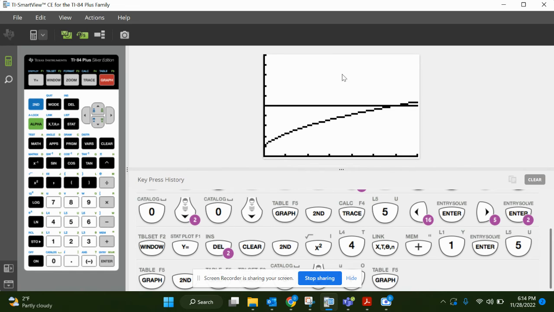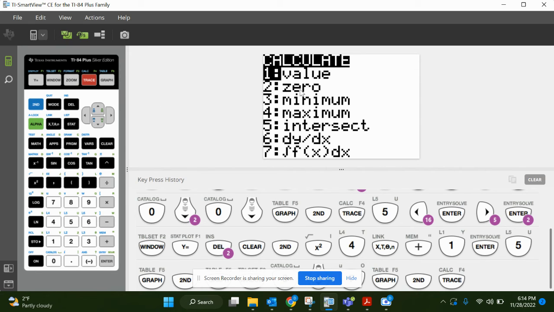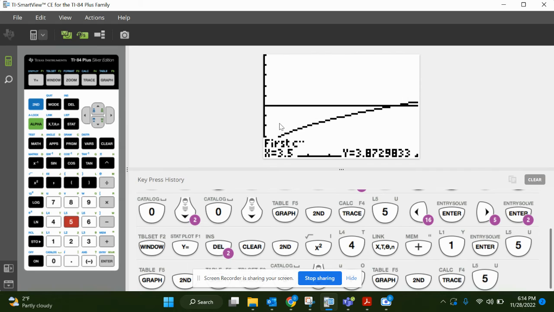Now let's check the graph. There, we can see the intersect. Now I'm going to calculate it. Calculate 5. Intersection, x equals 6.